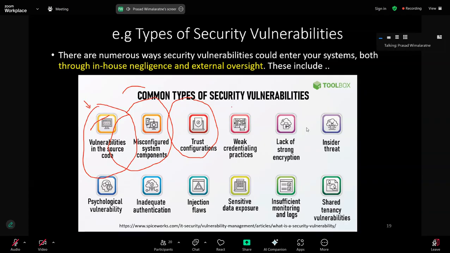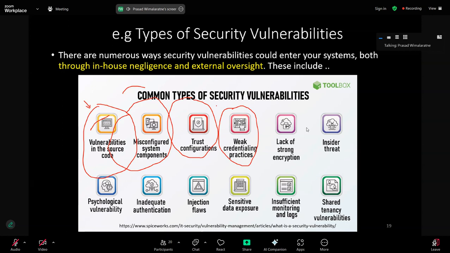Also weak credential practices. Some applications have credentials that are too simple, and it's very easy to penetrate through, right? So weak credential practices can be an issue, and lack of strong encryption obviously is another problem.